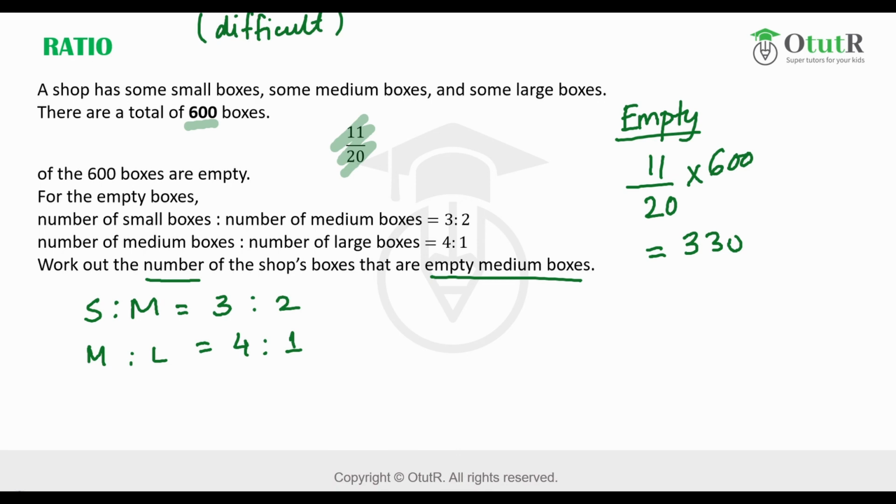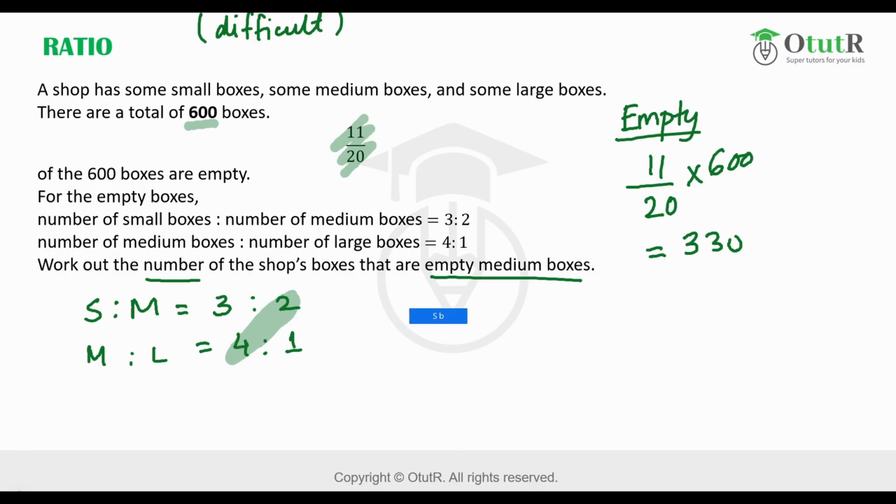Now for step 2, as you can see, the medium box appears in both the ratios for the given question. But the interesting thing is the number for the medium box in both ratios is different, right? So one has 2, another has 4. So what we have to do is make the two numbers the same. How can we do that?